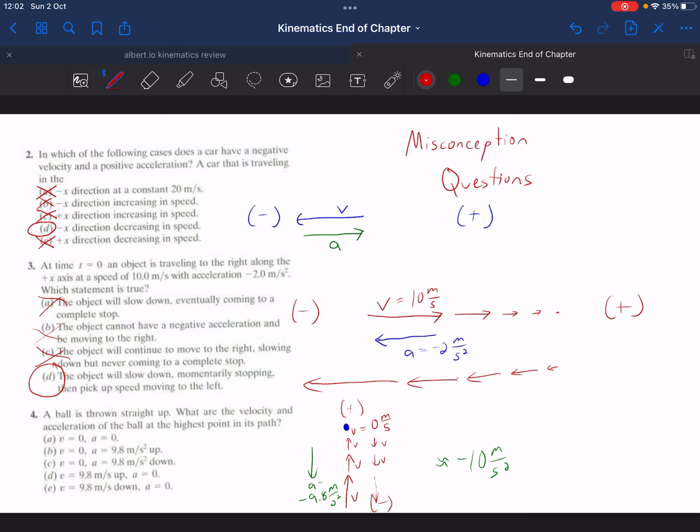So the correct answer here is C. The velocity at the top, at that blue point, is 0, but the rate of change is still down because of gravity, 9.8 meters per second squared down. Note that I wrote mine as negative, they called it down. Different ways of writing the same thing.